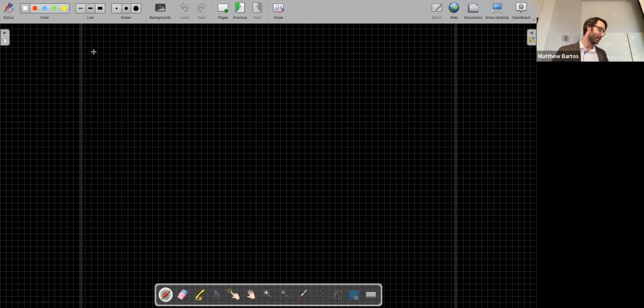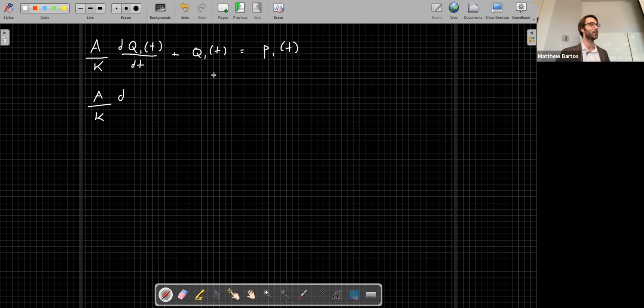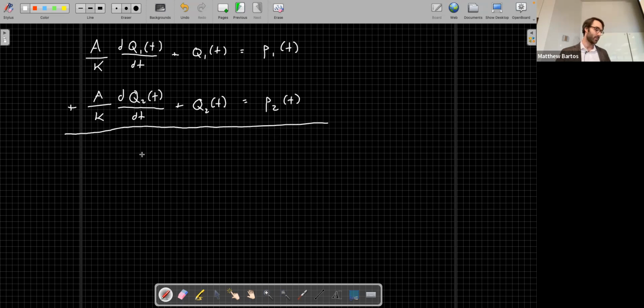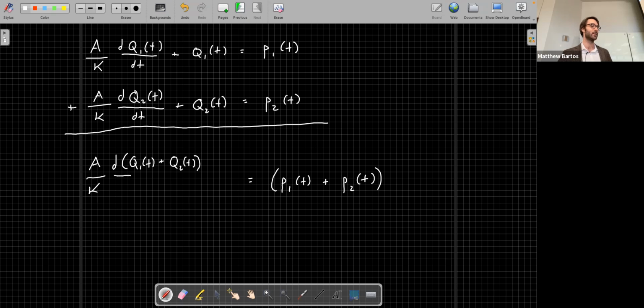Basically, if we have A over K times dQ1(t)/dt plus Q1(t) as the solution for a given rainfall input P1(t), and we have another solution for another rainfall input P2(t), and our solution is Q2(t), then you'll find that if you add these two together, this will equal the result of applying this differential equation with P1(t) plus P2(t) as your input, with Q1(t) plus Q2(t) as your solution.